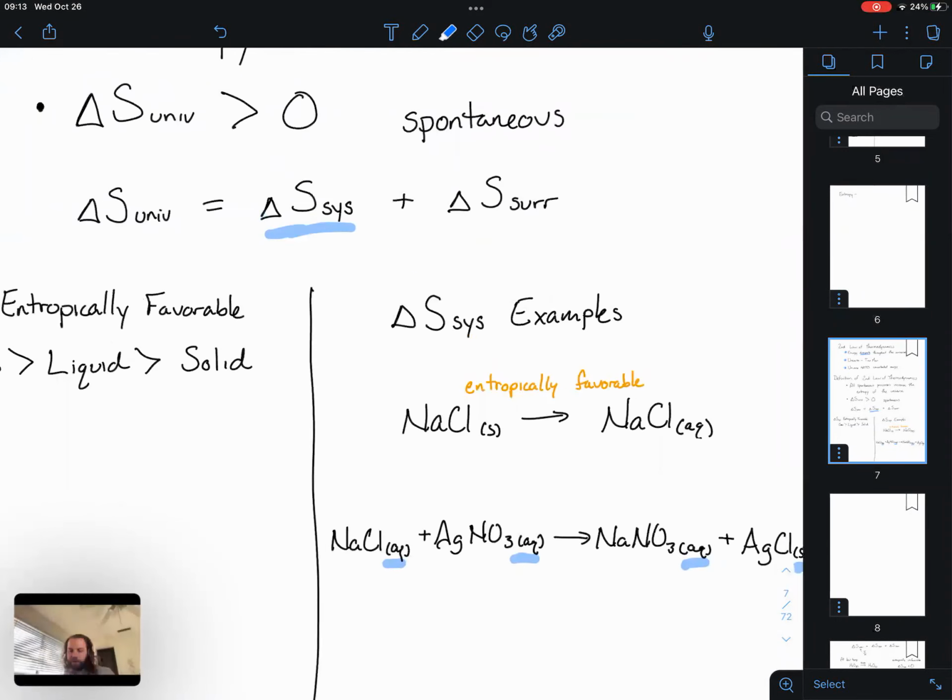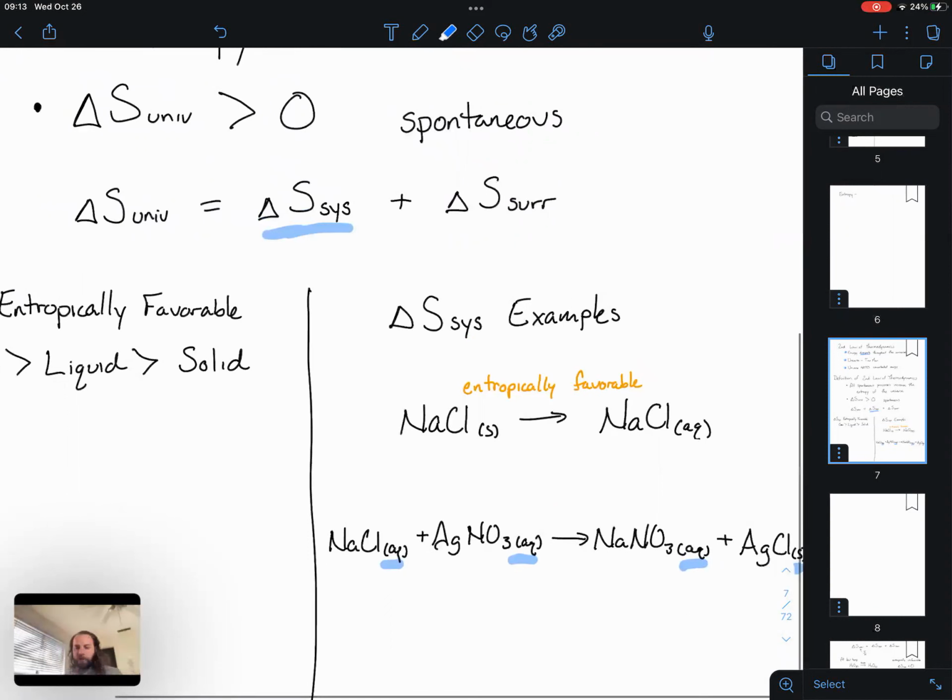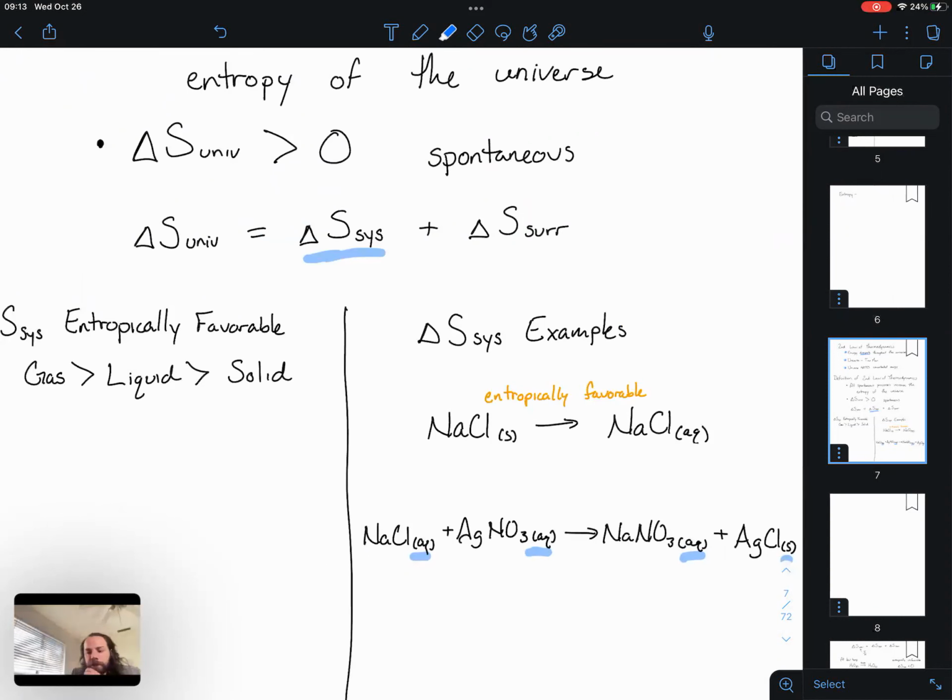So we want to determine whether or not we think that this reaction will be entropically favorable or unfavorable. So again, we'll do an i-clicker with this one.